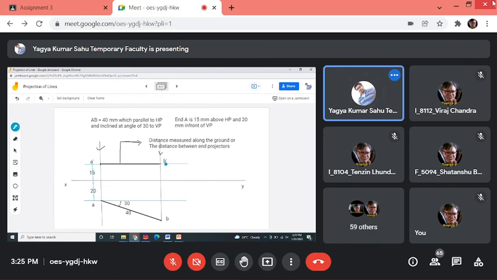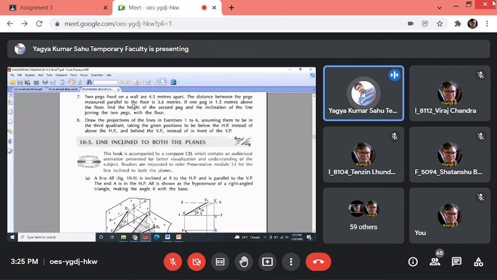Is it? Yes or no? Distance measured along the ground or floor. So he is giving us the distance A dash B dash, or you can say distance between end projectors.